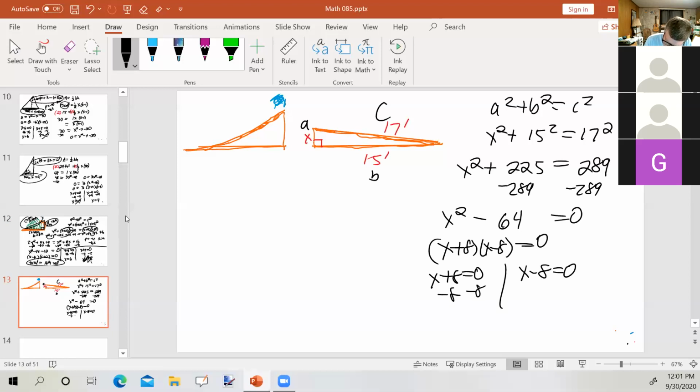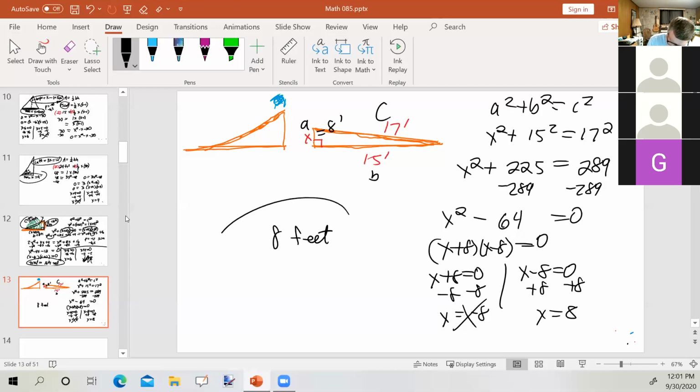If x plus 8 equals 0, x equals negative 8. If x minus 8 equals 0, x equals positive 8. Once again, we're dealing with a distance or a length, so it can't be negative. So x is going to be 8. And what are the units? Feet. And the question again said, find x, the height of the landing ramp. So the answer is 8 feet.